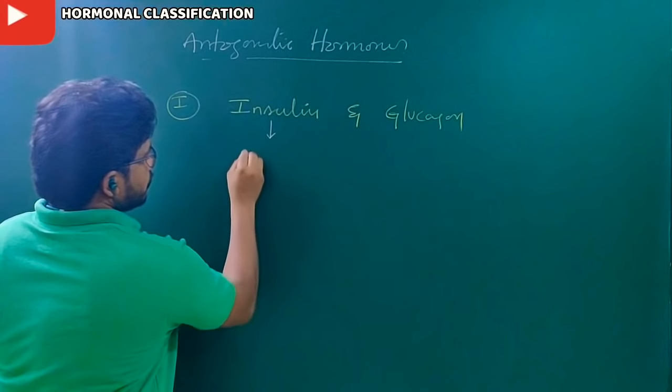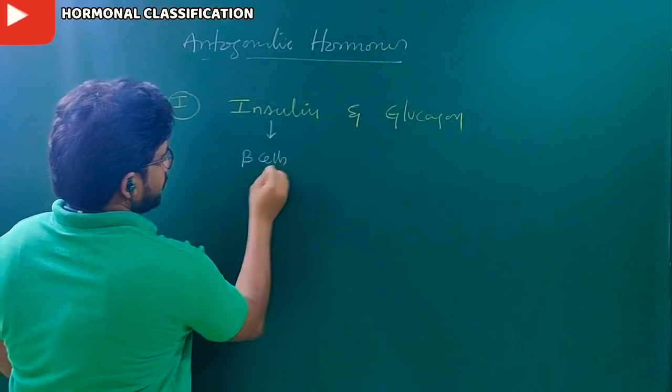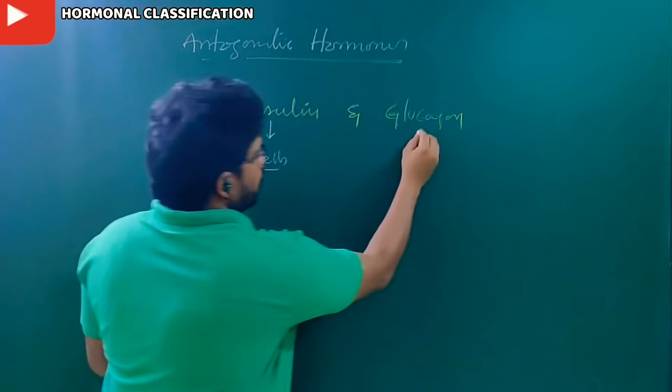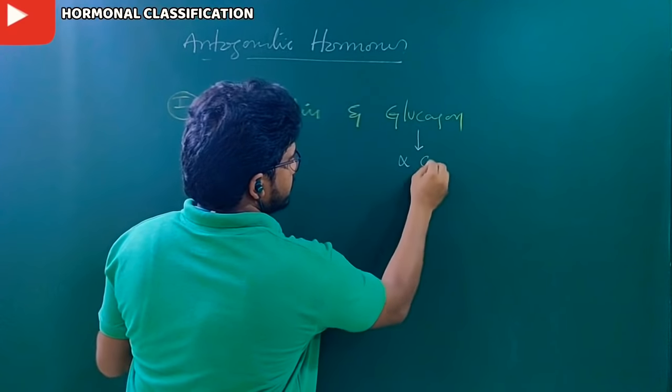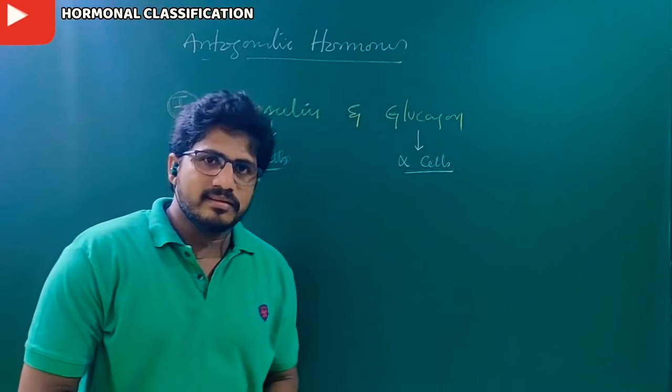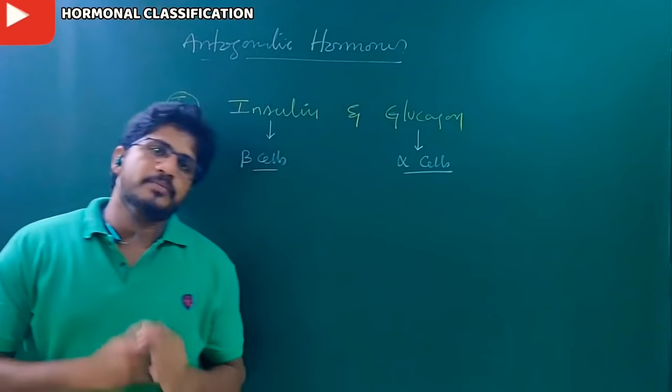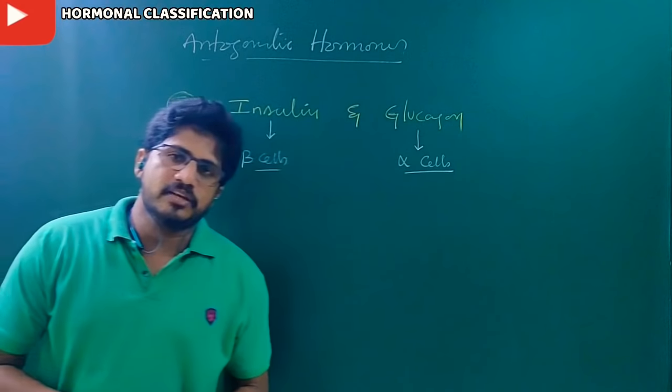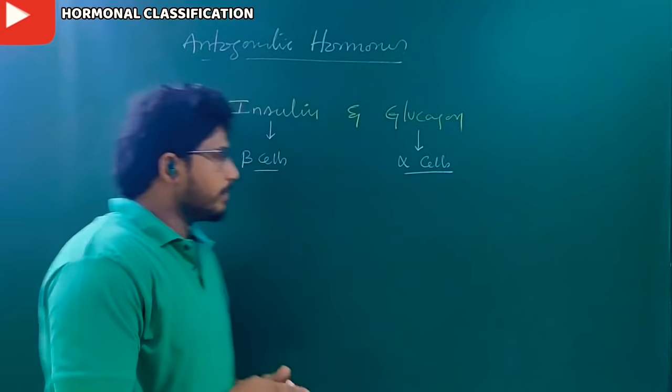Insulin is produced from beta cells of the pancreas, and glucagon is produced from alpha cells of the pancreas. Source is the same here. Insulin and glucagon both come from the same source, that is the pancreas. Islets of Langerhans is the part of pancreas.